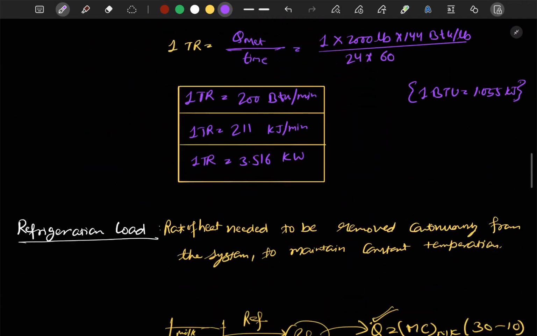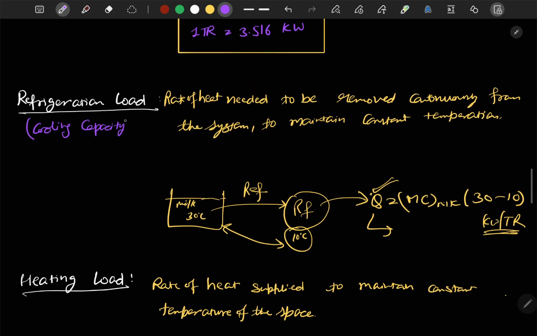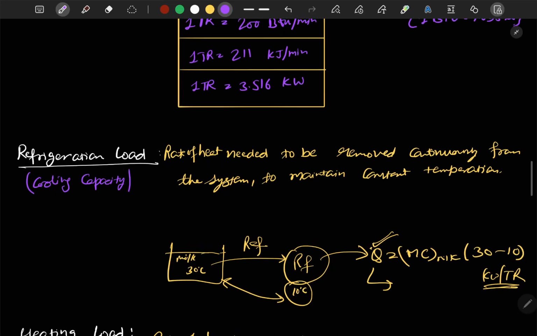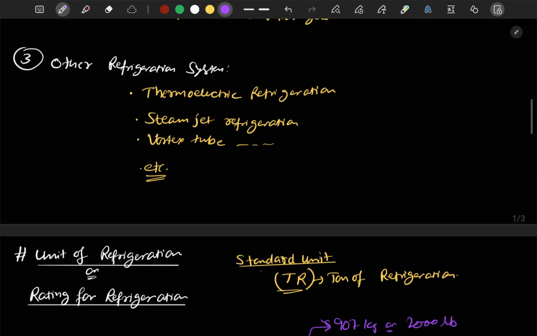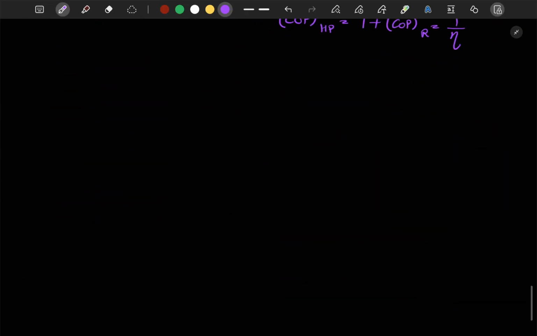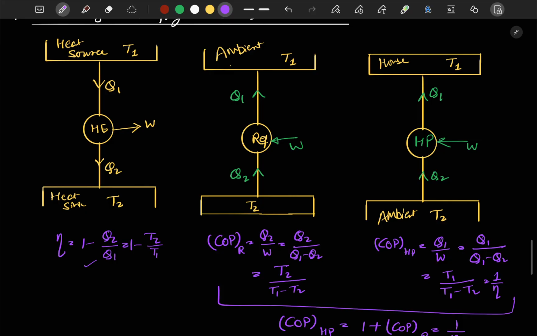As I mentioned here, your refrigeration load is also called cooling capacity or cooling load. Similarly, the heating load is also known as heating capacity. So we will look into questions in your first question session for refrigeration and air conditioning. Thank you for this lecture.